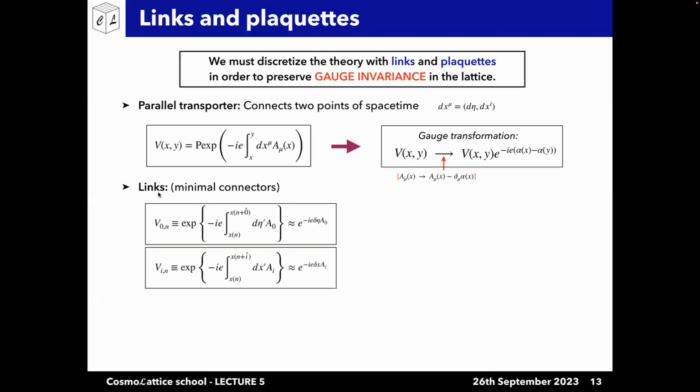Let me define the links, which are basically the minimal connectors, or the minimal parallel transporters. We have two kinds of links: the B0 link and the Bi link. The B0 link connects the point in which you are, x of n, with x of n plus 0, where 0 is the unit vector in the time direction.